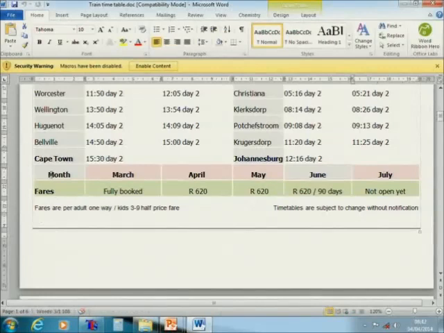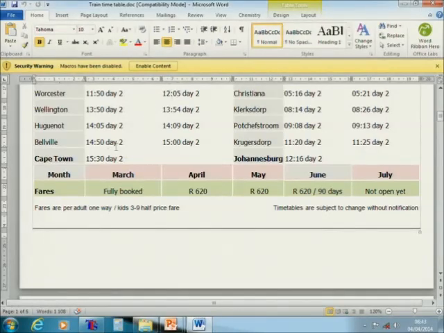In the last 3 rows, we talk about the months, actually the fares in connection with the months. When we talk about fares, we talk about the fees that have to be paid. For March, already, no bookings will be allowed. Remember we said we're talking about real life situations. So our context has to be authentic and realistic.